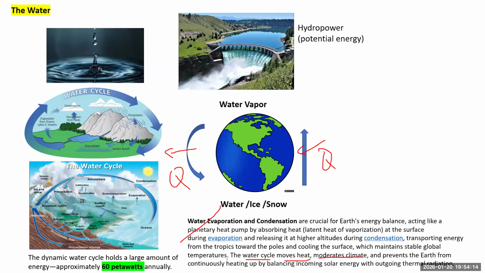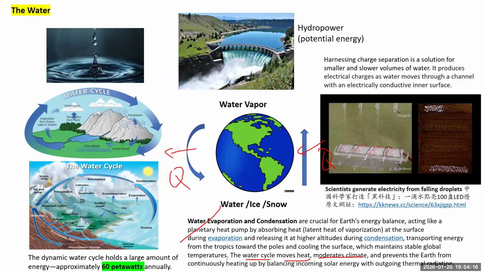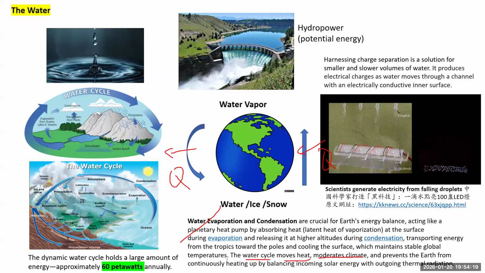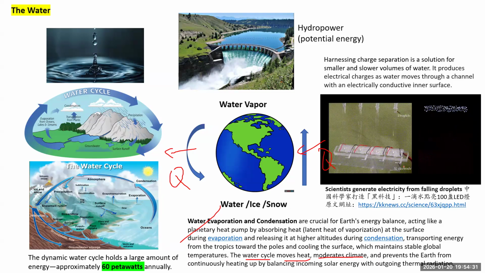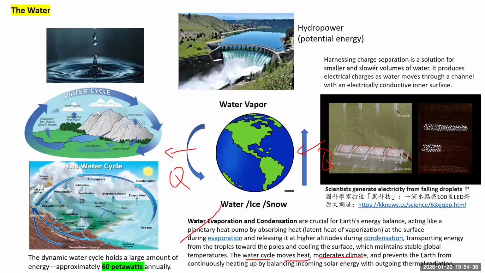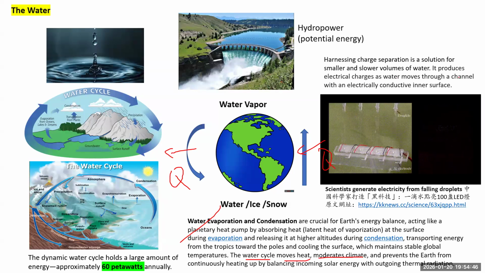We can make use of water evaporation and condensation. There's another technology to make use of the energy from water, the water droplet. They use a special surface that can separate the charge. For raindrops and water drops, it produces electrical charges as water moves through a special surface.